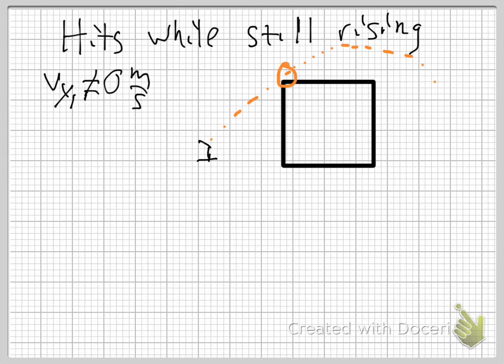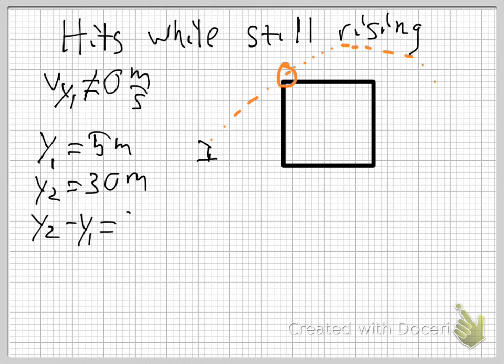So, what do we want to do? We still know that y1 is 5 meters, and we know that y2 is 30 meters. So we know that the difference is 25 meters. So we need to use this information.